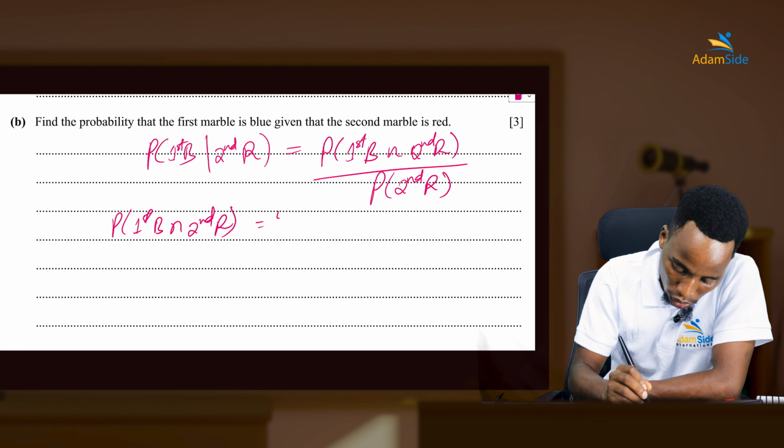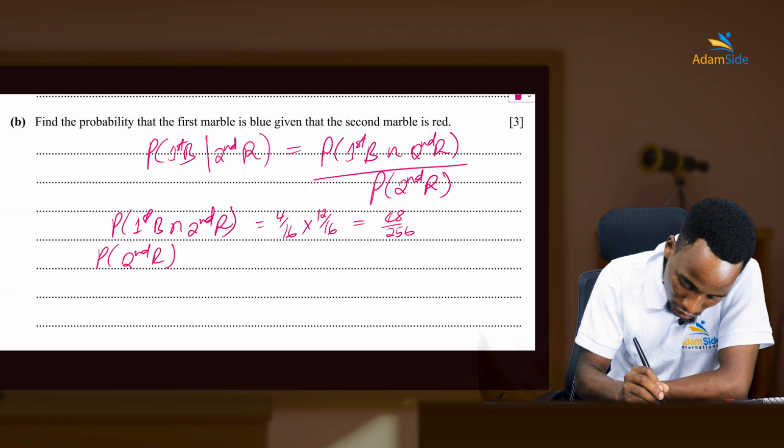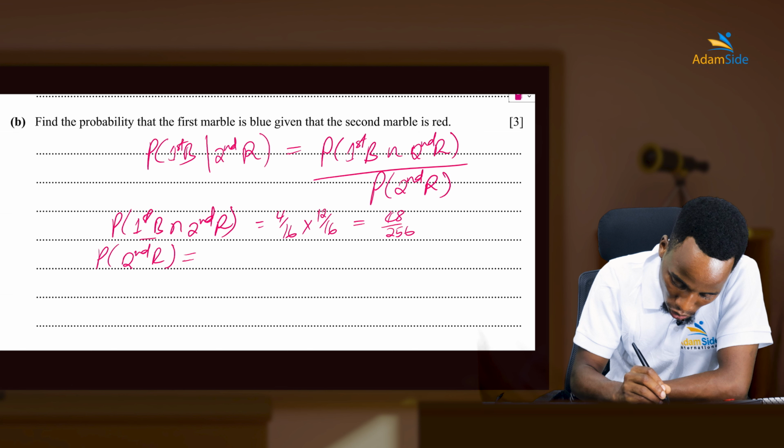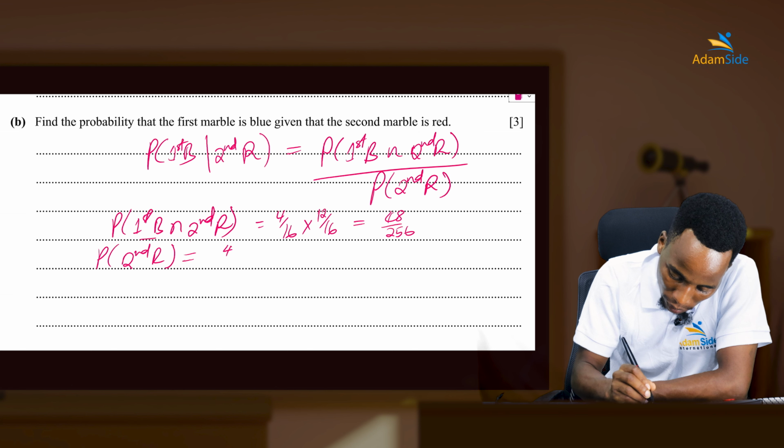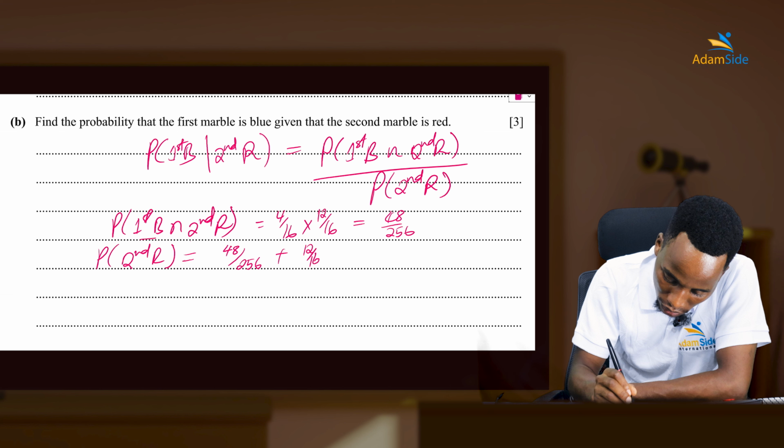Now the probability of second red can be, the first one is blue then red, or red then red. So blue red, we already got it there, so it's 48 over 256, plus red for the first time is 12 out of 16 times red for the second time.